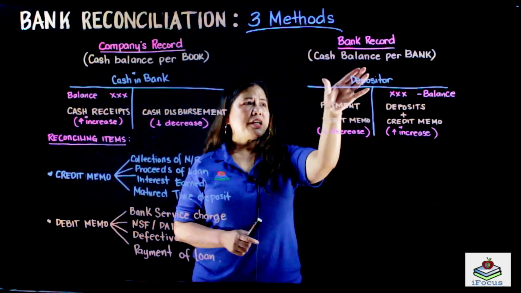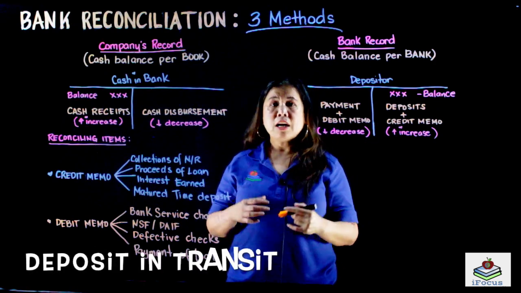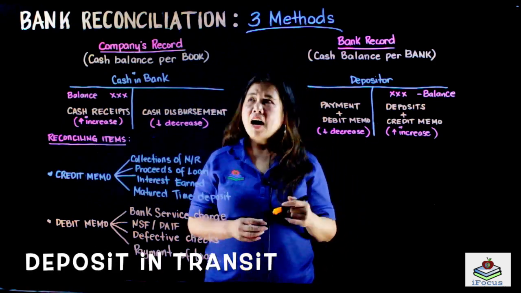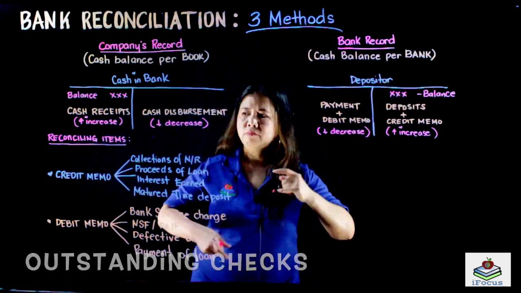Dito naman sa cash balance per bank, ang mga reconciling item natin ay ang deposit in transit at ang outstanding checks.